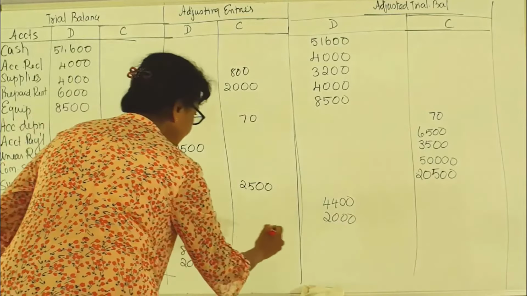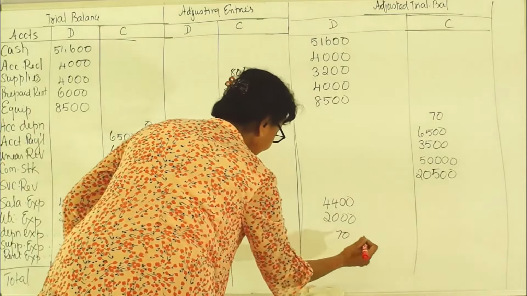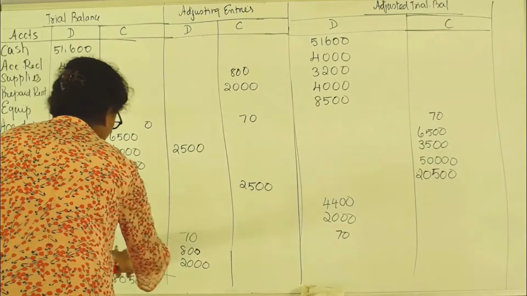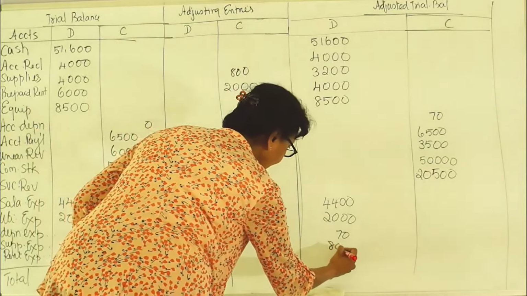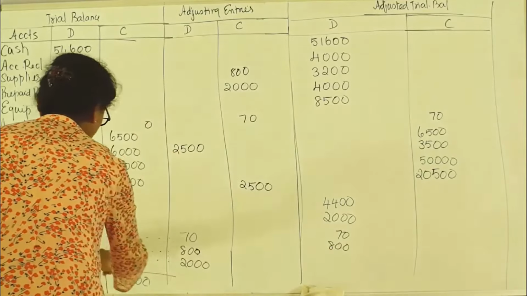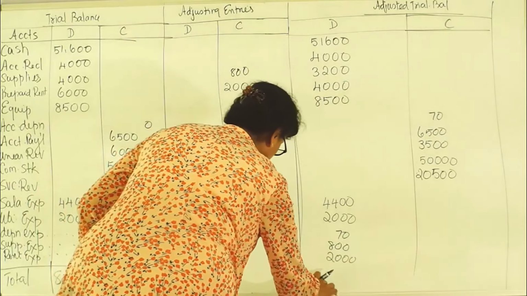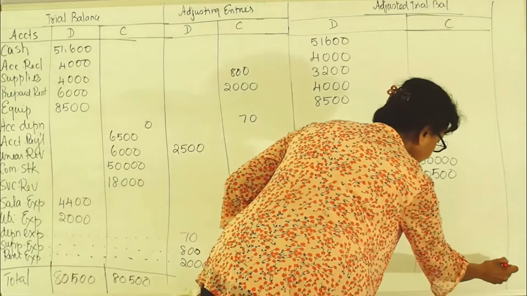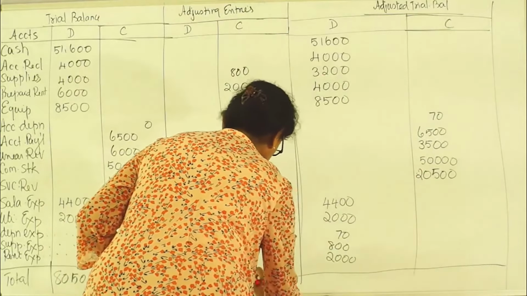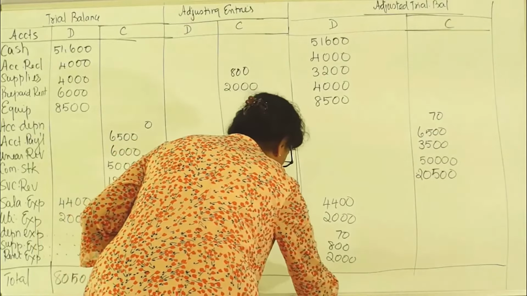Now we have depreciation expense for 70. We have supplies expense 800, and we have rent expense 2,000. Now we calculate the adjusted trial balance total.